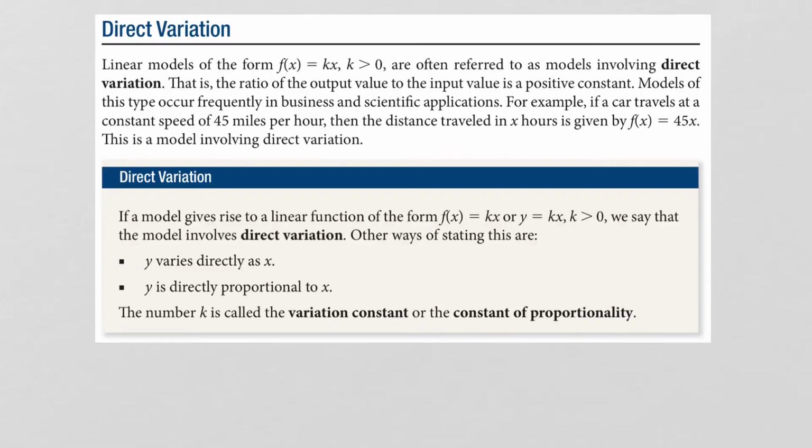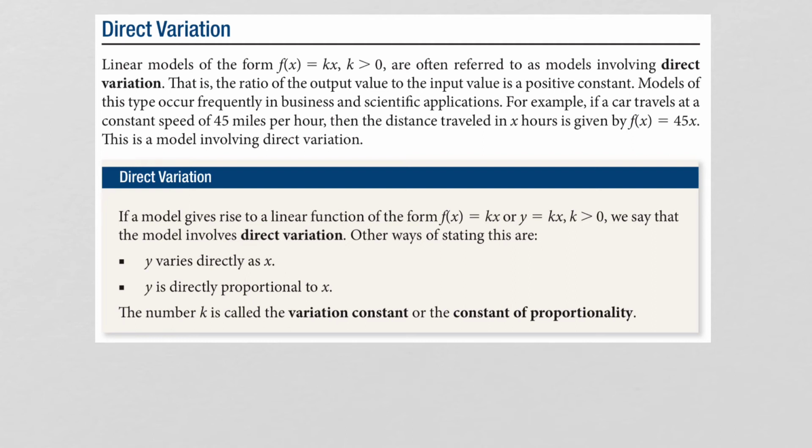Next, we talk about direct variation. So a linear model of the form f of x is equal to k times x is what we call direct variation. That is, the ratio of the output value to the input value is a positive constant. Models of this type occur frequently in business and scientific applications.